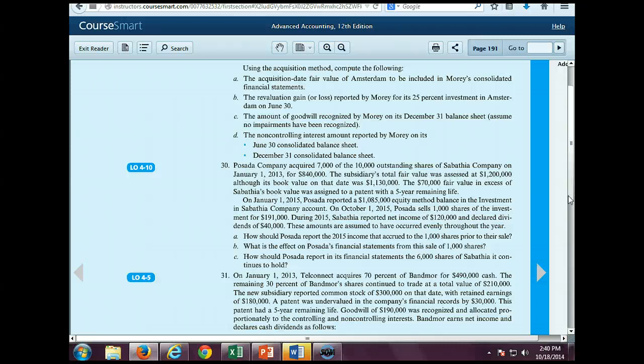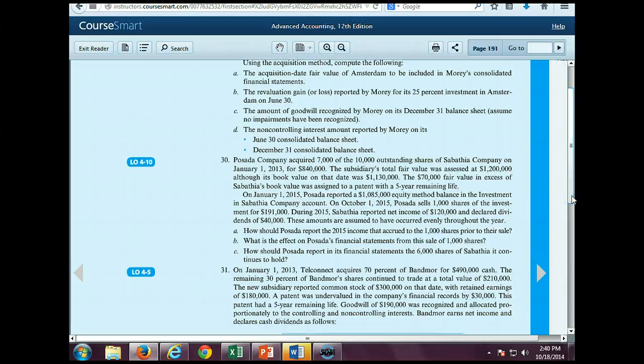So how are we going to show the shares prior to the sale? Let me show you. They sold the company on October 1st, right? So basically 3/4 of a year. They had the stock for 3/4 of a year, then they sold it.